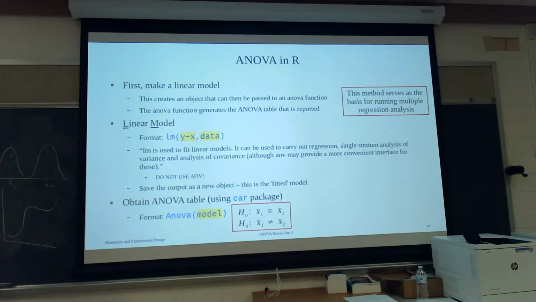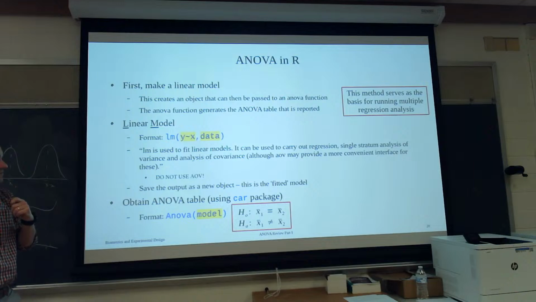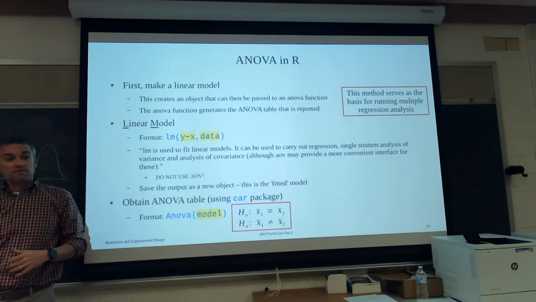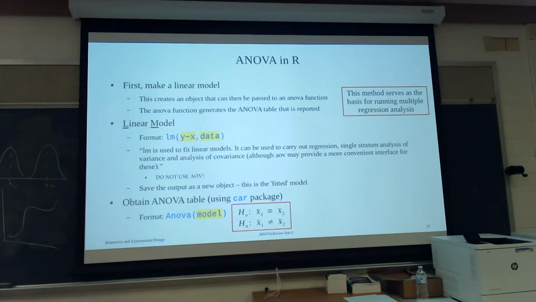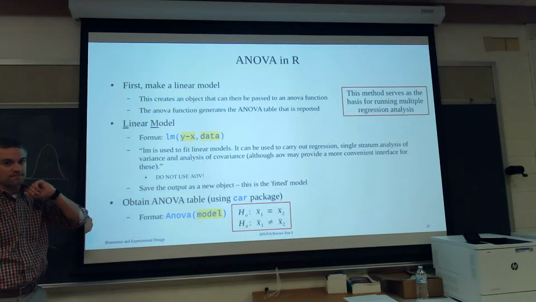So how do we make the models? For this, we're doing a linear model. The function is lm for linear model. And what we're doing is creating an equation that best predicts y based on the levels of x.